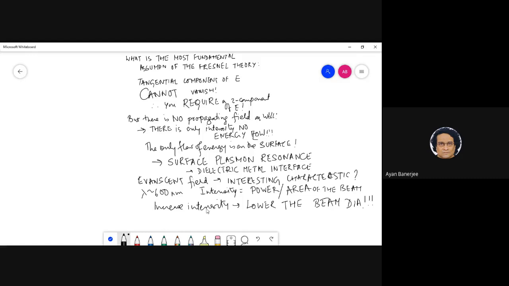You understand? So evanescent fields basically have huge intensity, and essentially you break something called the diffraction limit. I will not tell you what that is.